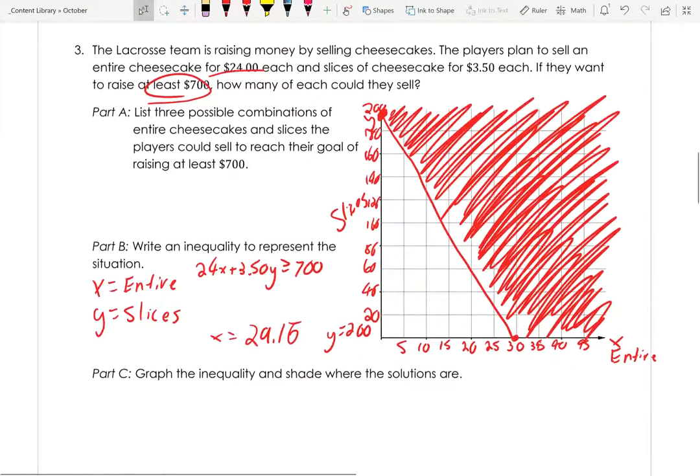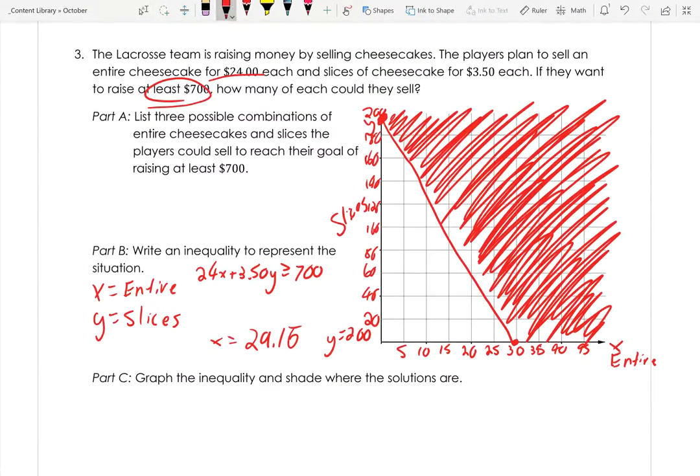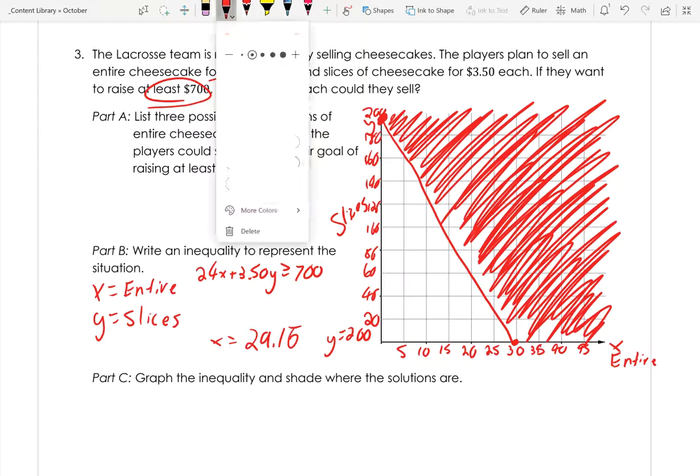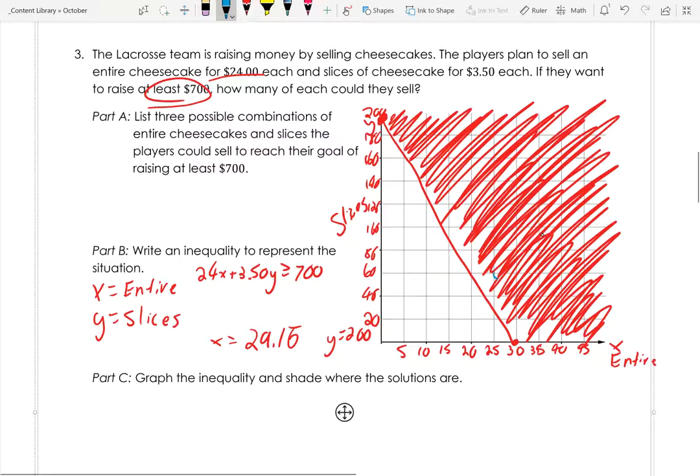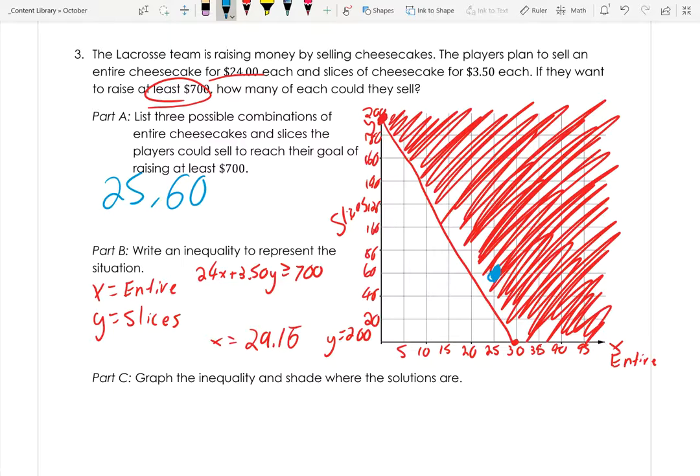Now let's go back to A real quick. A asked, what are some possibilities that we could sell and reach our goal? Let's look at the shaded region. I'm going to pick this point right here. That's 25 entire cheesecakes and 60 slices. If we sell that, we're going to make the amount of money we need.